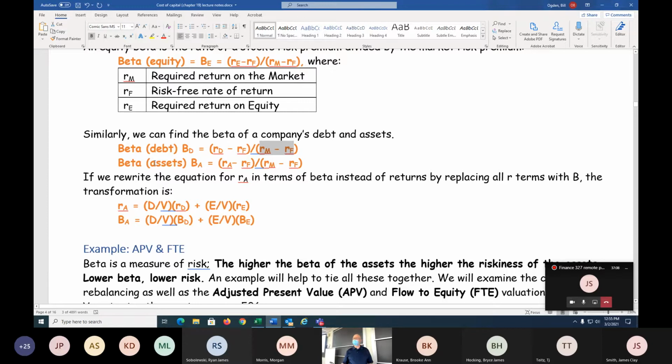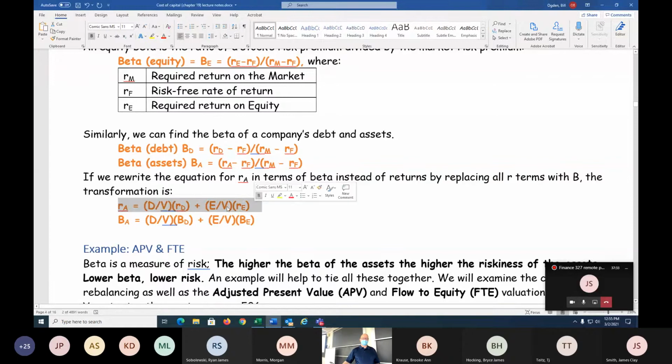How about the beta of the assets? We take the return on the assets, subtract the risk-free, that's the premium in the numerator, divided by RM minus RF, the premium in the denominator. Now, one other thing worth noting here, we have this equation for RA.